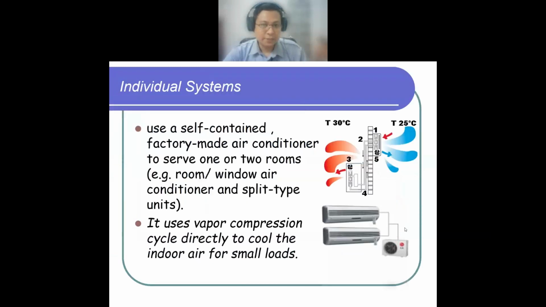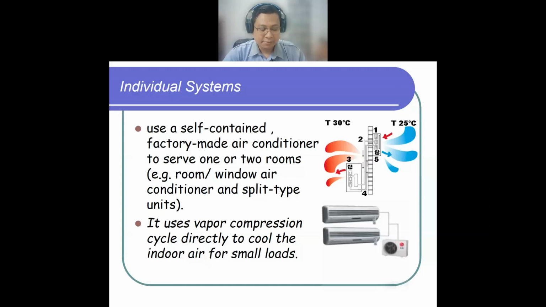So we go first to the individual system. Individual system is more familiar to us because we commonly use it in our house, in each residence, like the split aircon.